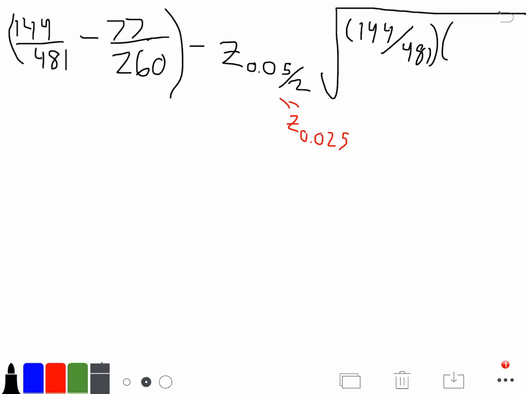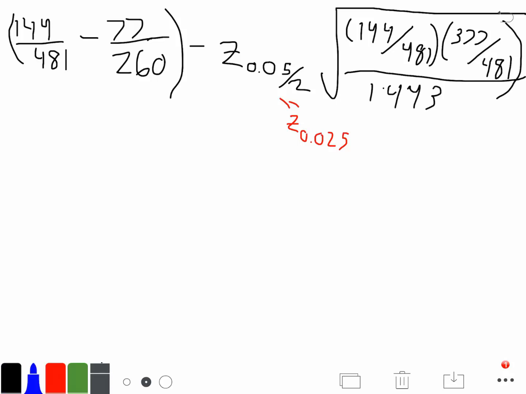Let's make that a little neater for you. That would be a 337, by the way, just a little error there. So make sure that was a 337 on your paper over 481, all over 1,443.